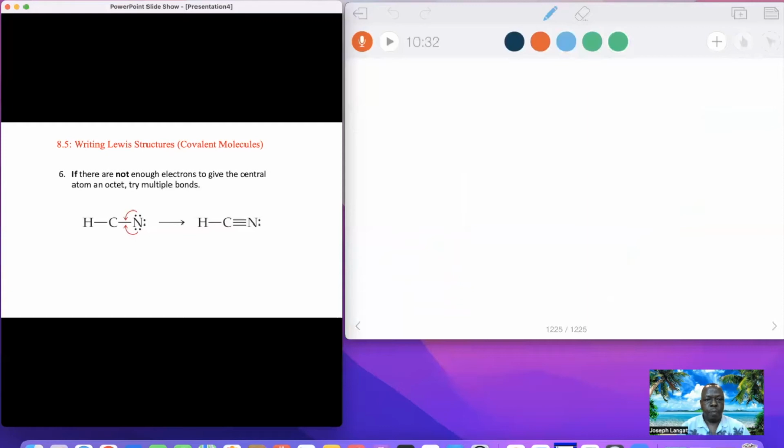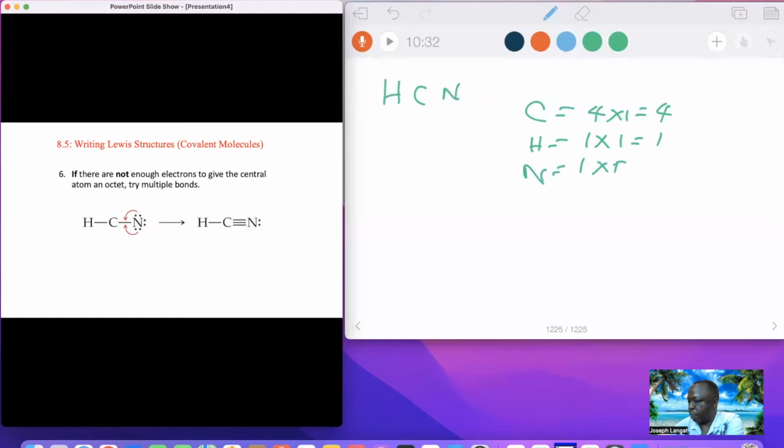Let's start with HCN, hydrogen cyanide. Carbon is 4 times 1, we have 4 electrons. Hydrogen is 1 times 1 equals 1. Nitrogen is 1 times 5, we have 5 valence electrons. If we add up, we have 10 valence electrons. This is rule number 1.